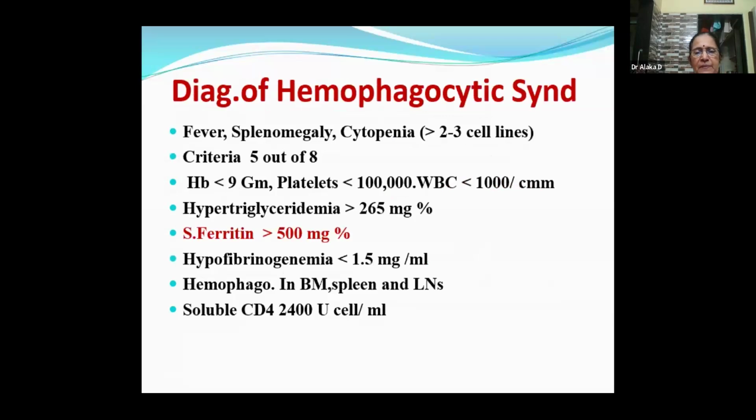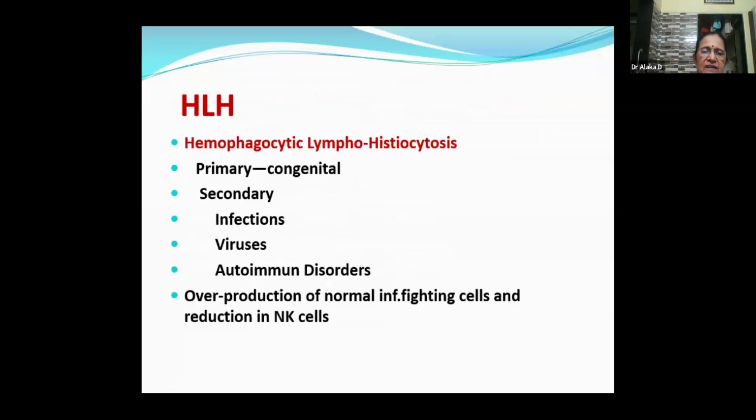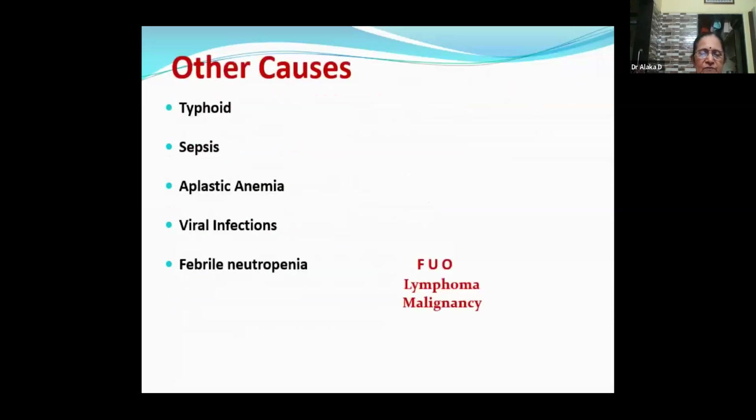Hemoglobin less than 9, platelets less than 1 lakh, WBC less than 1000, hypertriglyceridemia, very high serum ferritin, hypofibrinogenemia, and hemophagocytosis in bone marrow, spleen, and lymph nodes. This is not very common, so I will not go into the details.